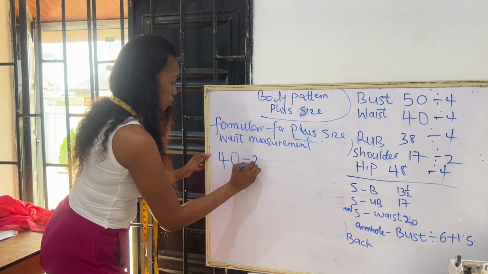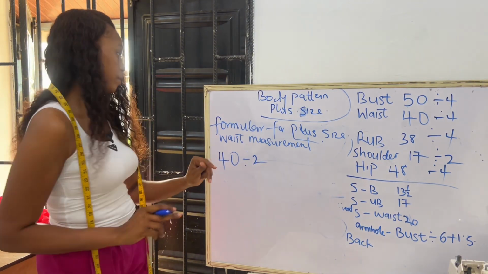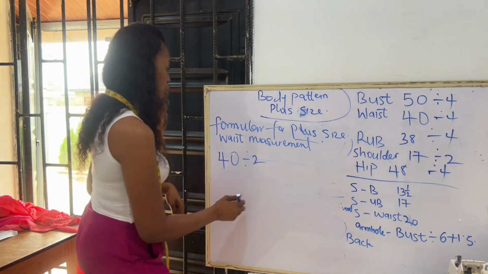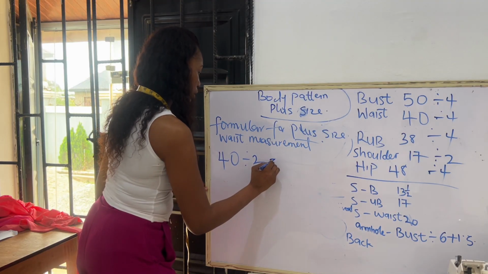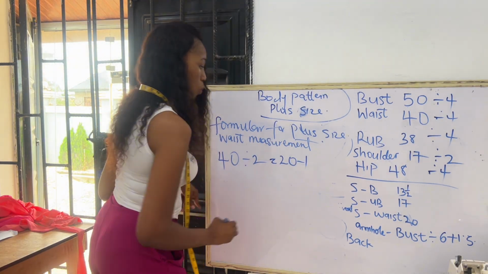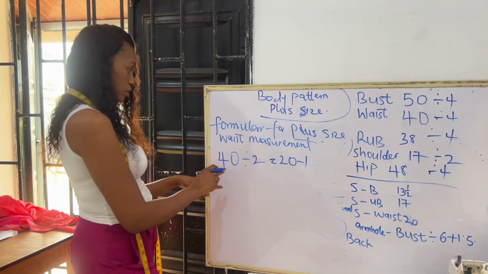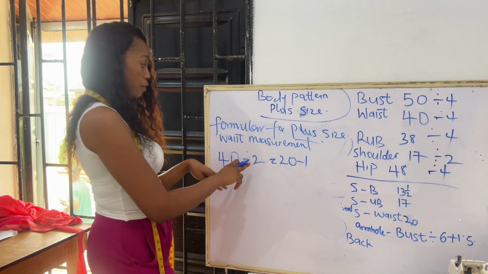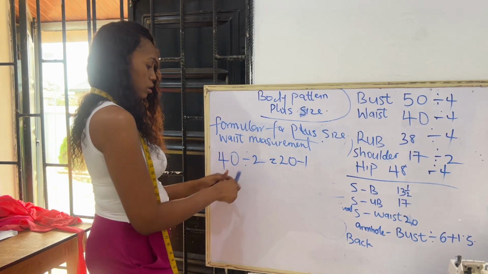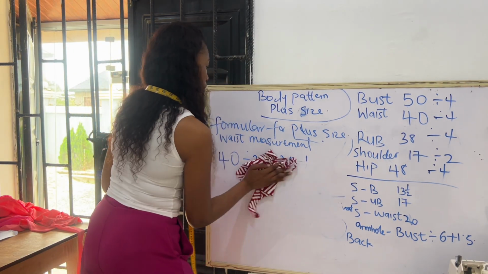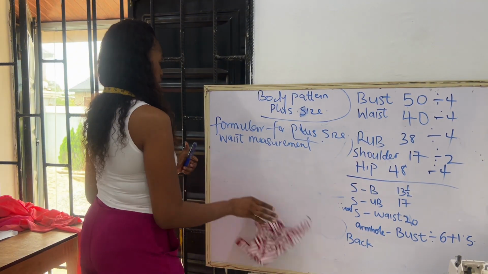divided by 2. That's the same 2 instead of 4 for the front. 40 divided by 2 will give us 20, minus 1. This is for the back, sorry. Let me indicate so that you guys don't get confused.